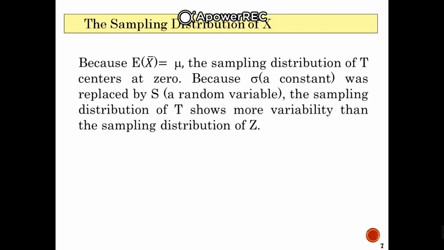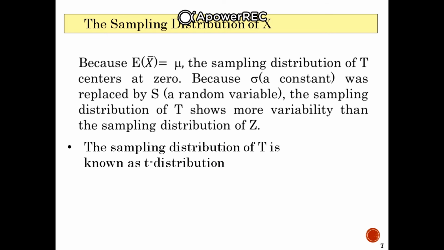The sampling distribution of t. Because E of x bar is equal to mu, the sampling distribution of t centers at 0. Because sigma, the standard deviation, a constant, was replaced by s, a random variable, the sampling distribution of t shows more variability than the sampling distribution of z.